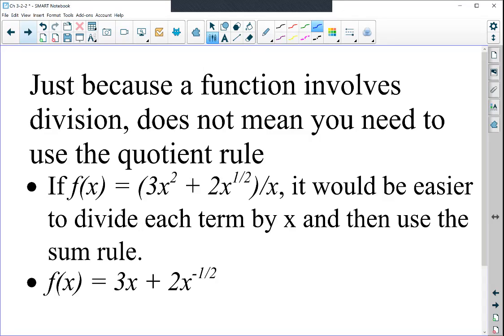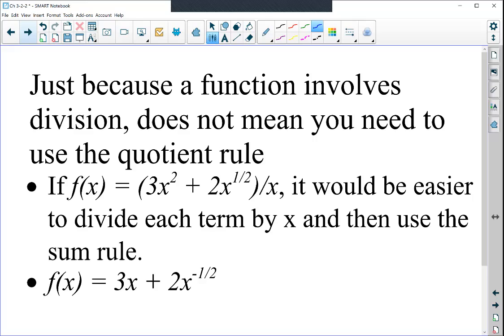If I have a function that is 3x squared plus 2x to the 1/2 all divided by x, it's probably easier to reduce that fraction to get rid of the denominator and then use the power rule and the rule of sums.